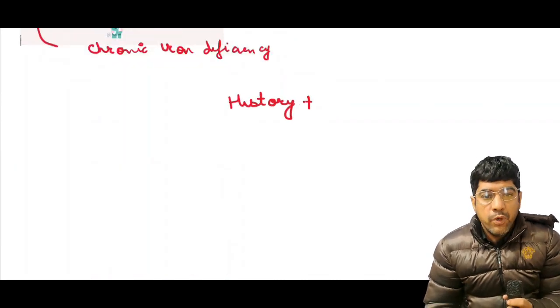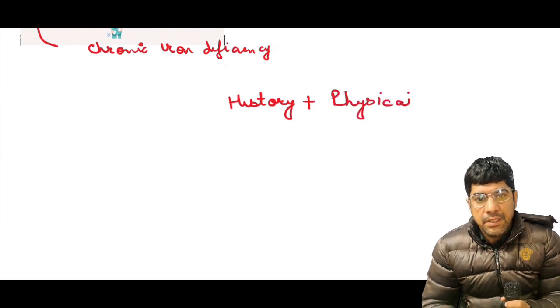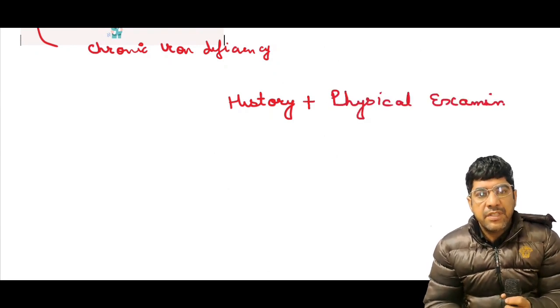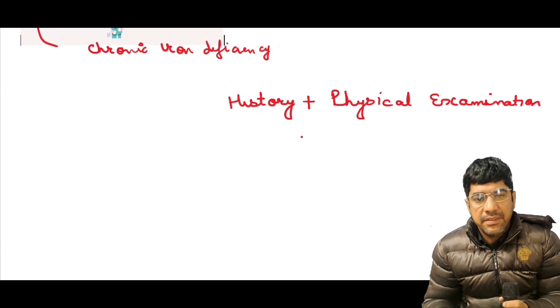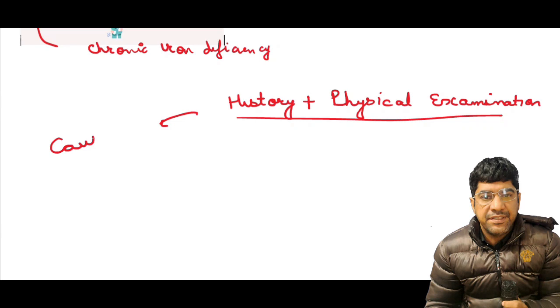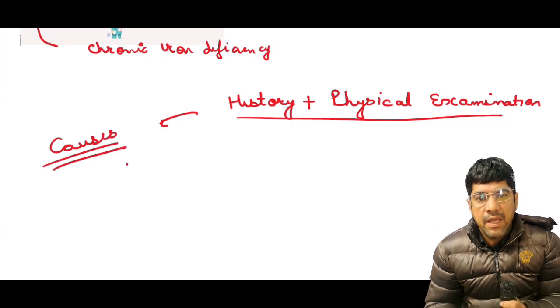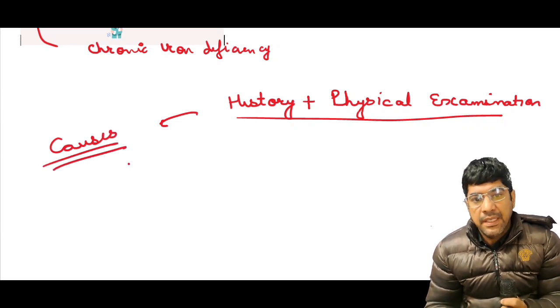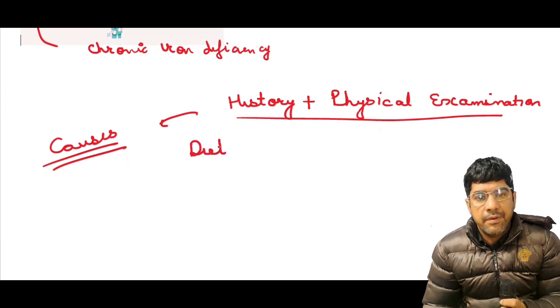Now, what would be the history and physical examination? On history, you have to explore the dietary habits, especially in the young and the elderly patient, as deficiency in nutrients like vitamin B12 and folic acid results from specific dietary patterns.